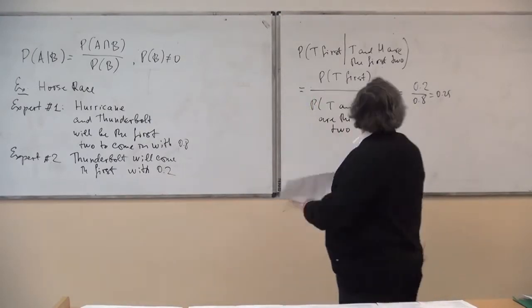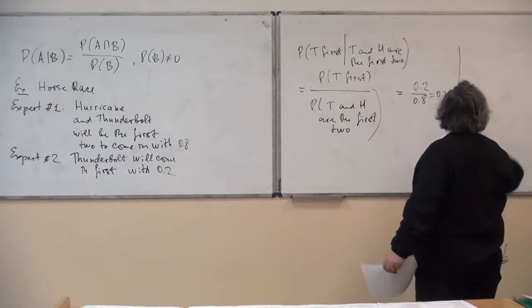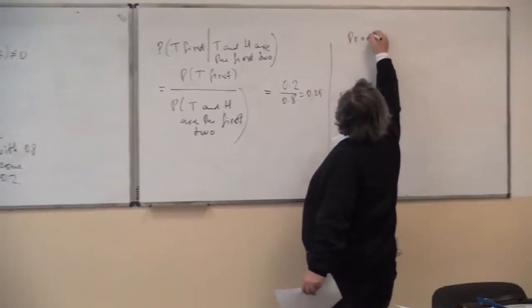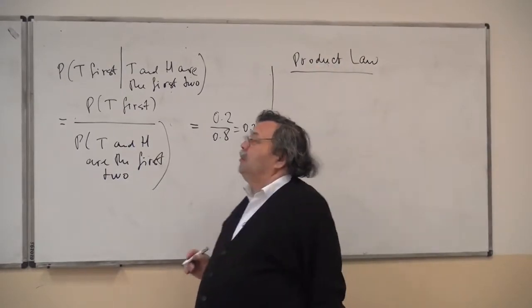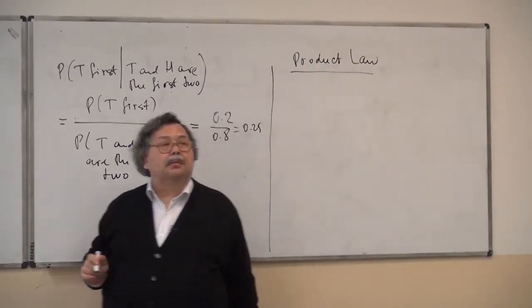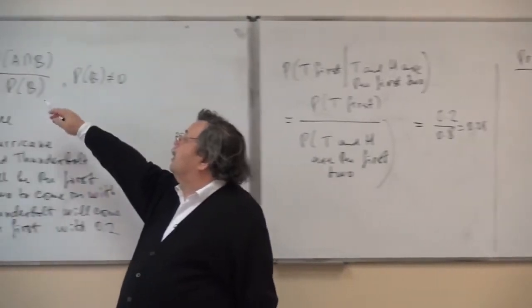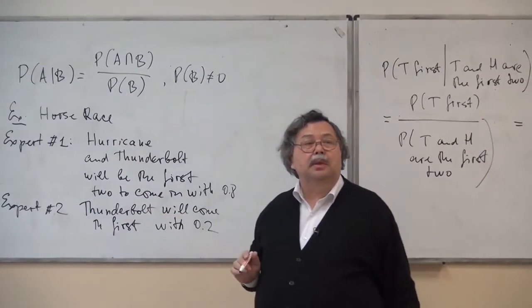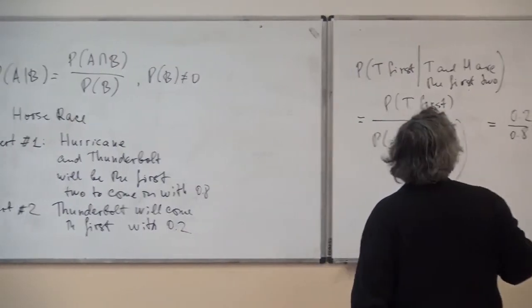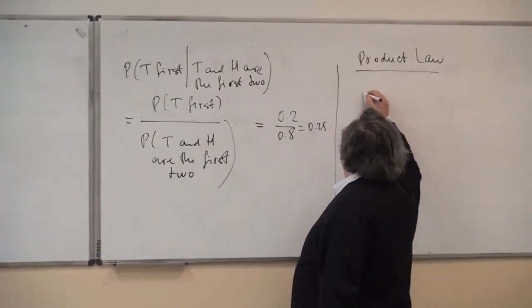Well, next. We obtain something very important if we multiply each side of this equation by the denominator here, by the probability of B. The result can be written in this way.